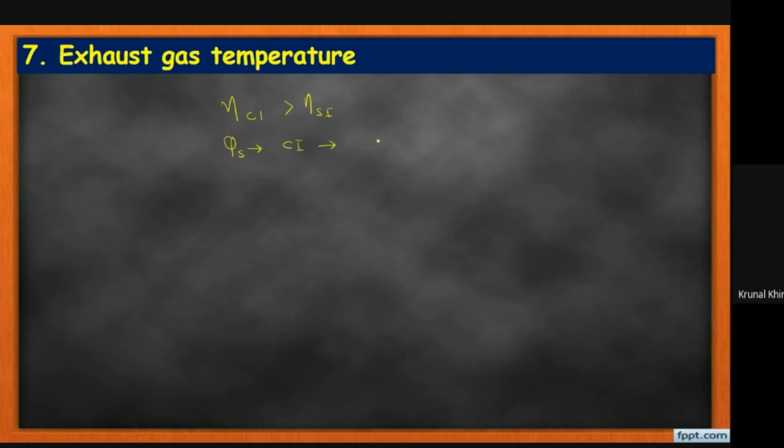So for the exhaust, a low amount of heat is left, so the exhaust gas temperature is lower in CI engines. Whereas in SI engines, the exhaust gas temperature is higher because the efficiency of SI is low compared to CI.